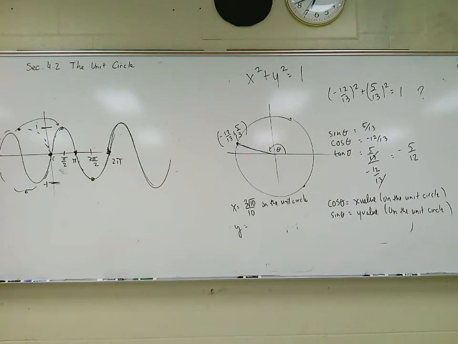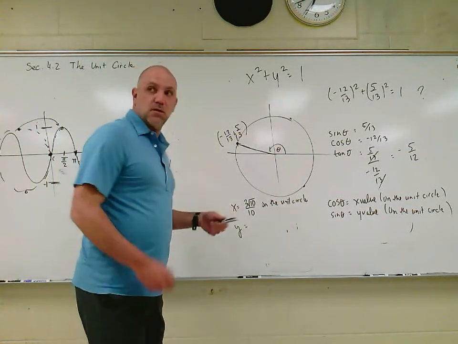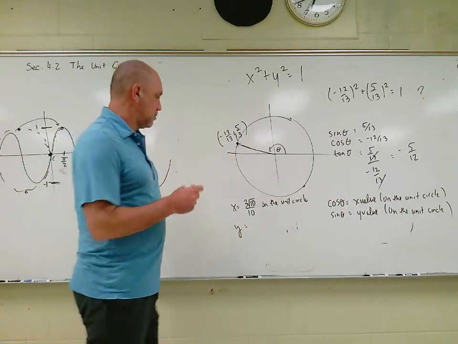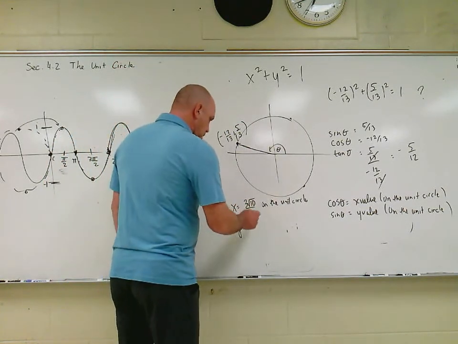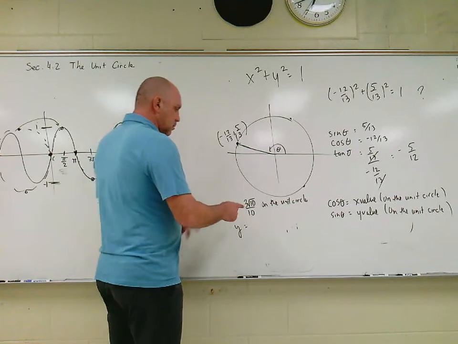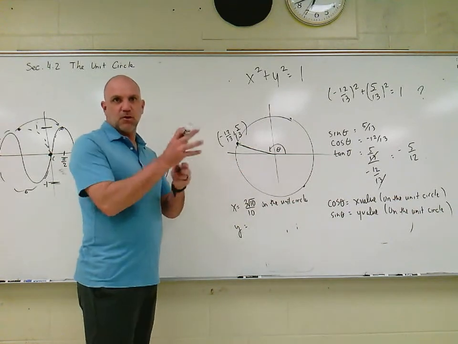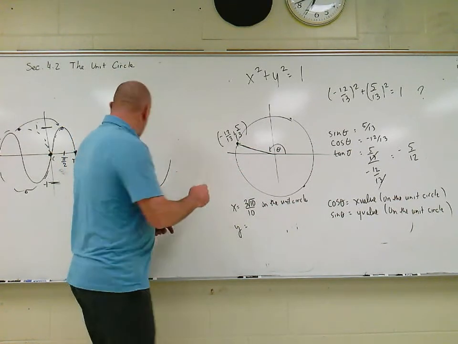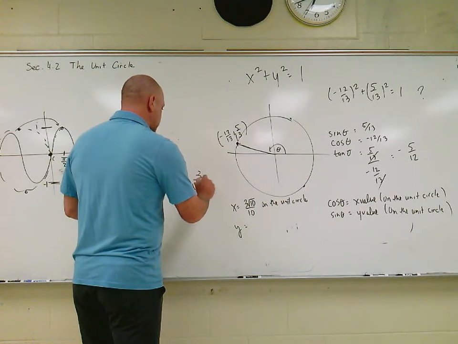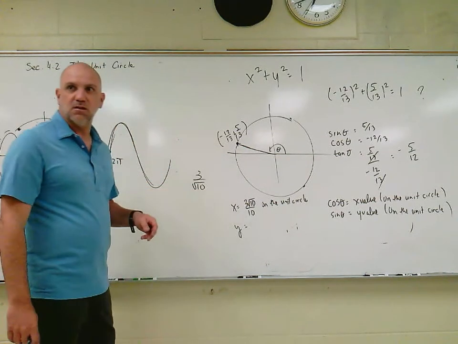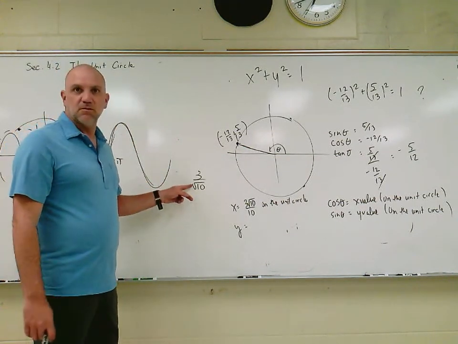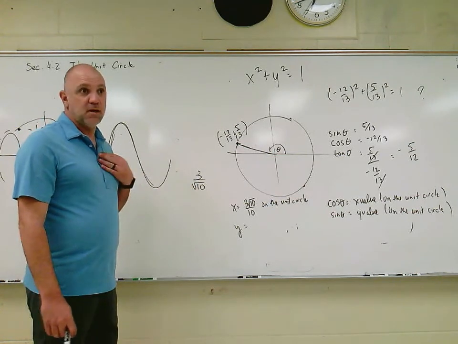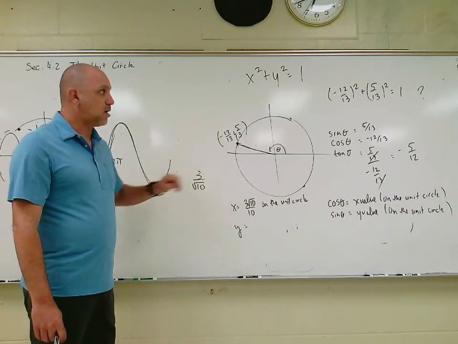You rationalize. The first thing, I'm thinking one step back. Rationalizing doesn't change the value, just changes the look. So I know that what they did is they took 3 over square root of 10 and rationalized it. I would much rather work with this. That's just me. I'll work it both ways, but that's how I would work it.